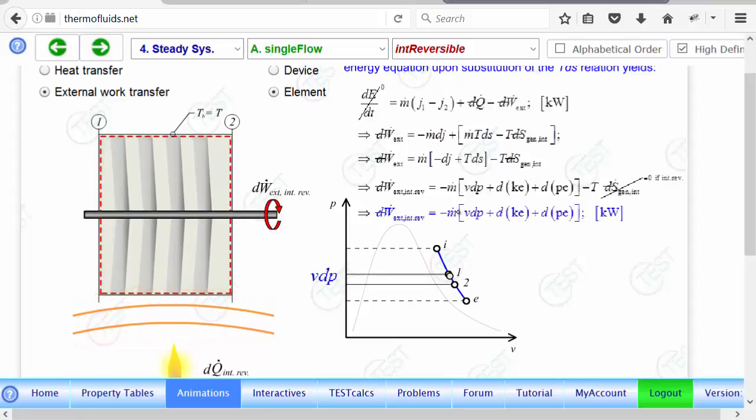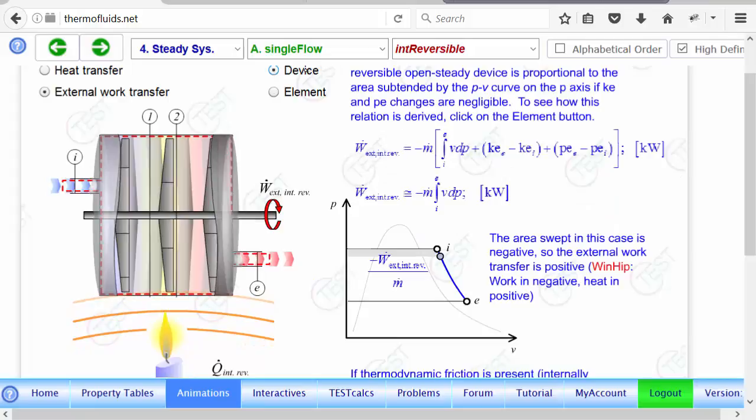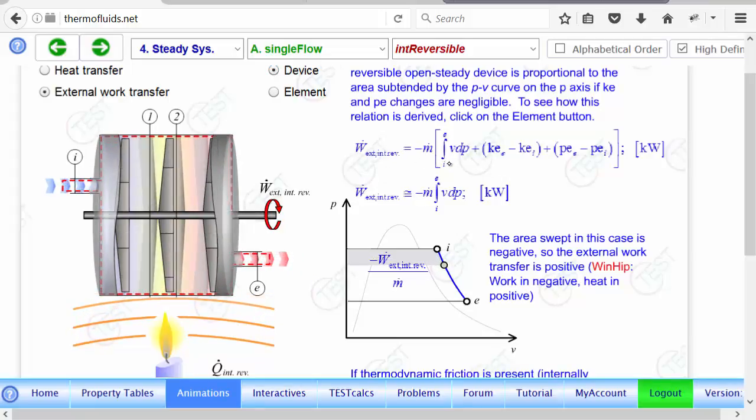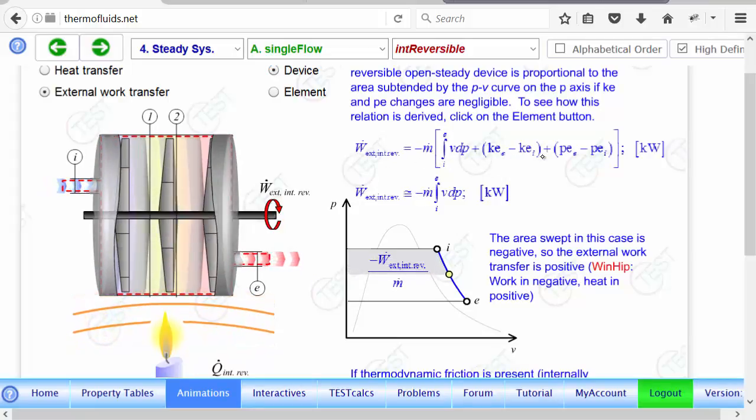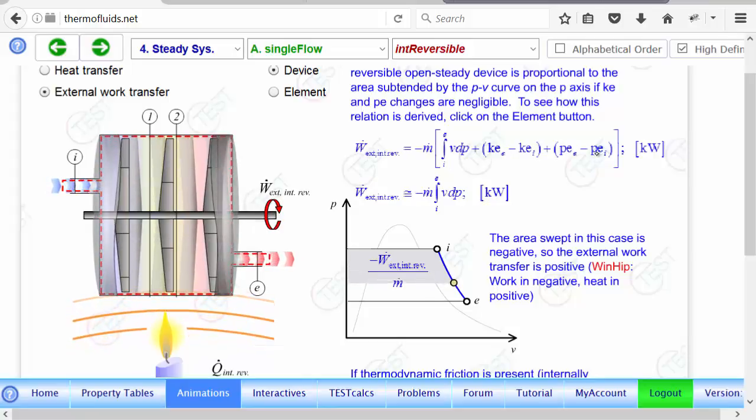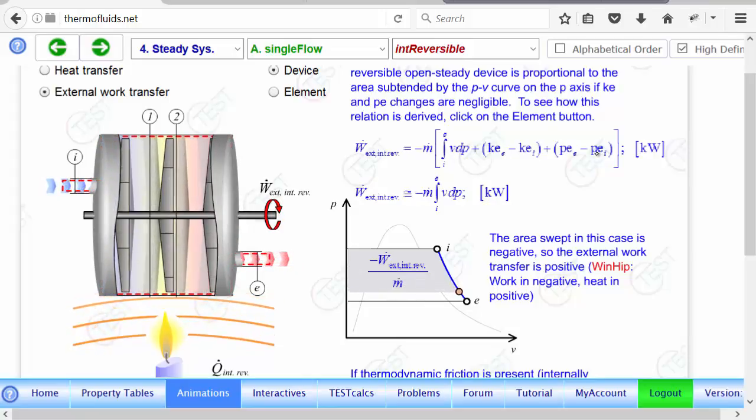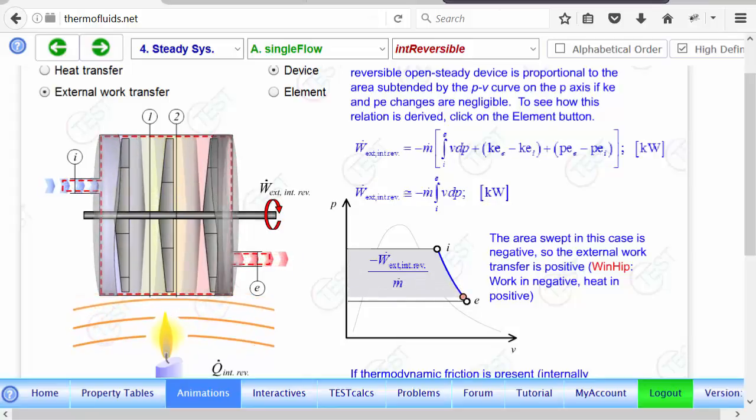If we integrate that, external work is given by the integral of VdP and change in kinetic and potential energy. If change in KE and PE are negligible, then the meaning becomes extraordinary.